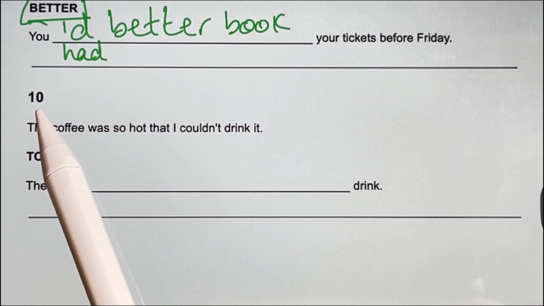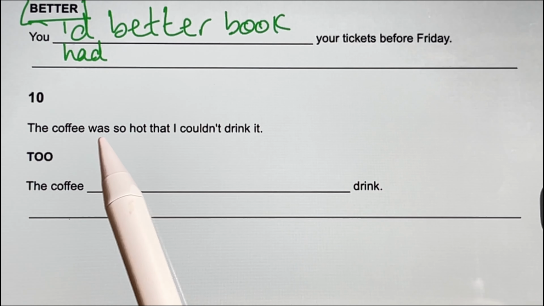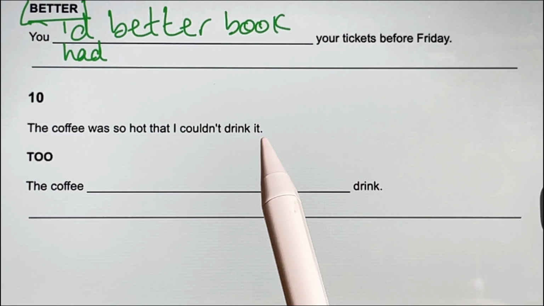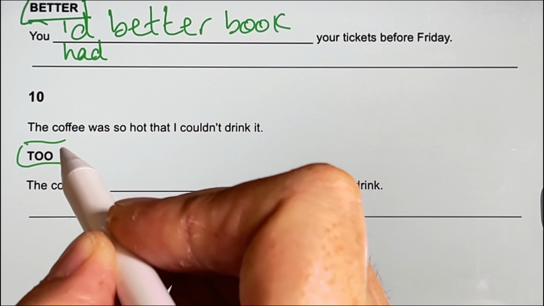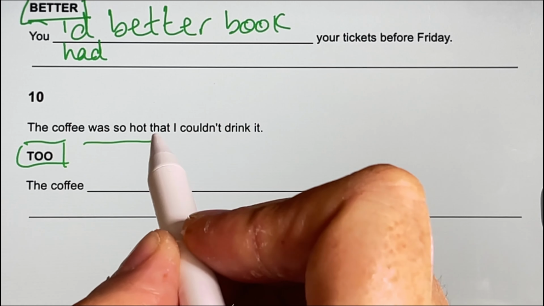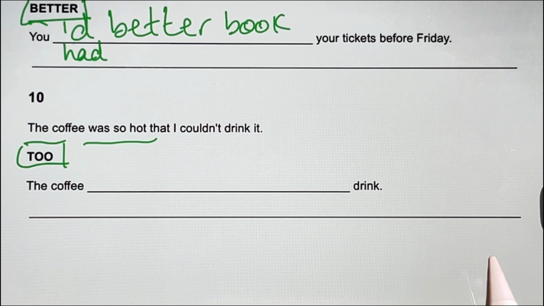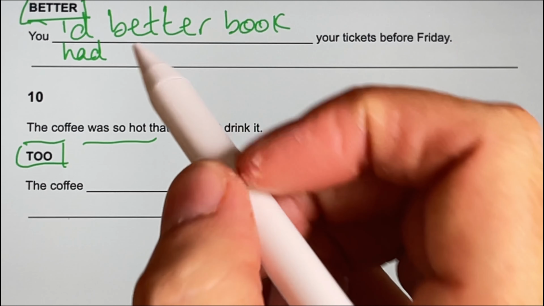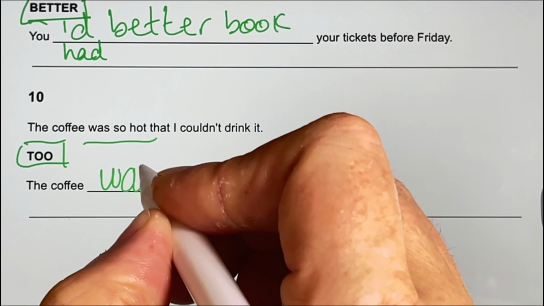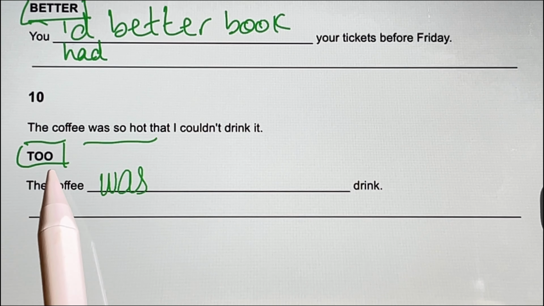Okay, number 10. The coffee was so hot that I couldn't drink it. Now, the word given is "to", then you have "was so hot". Okay? Now, it says, the coffee, we are going to use the verb was. And then we are going to introduce the "to".